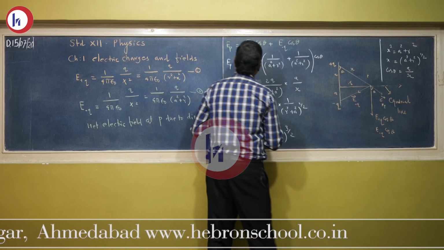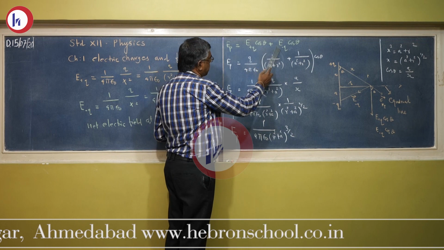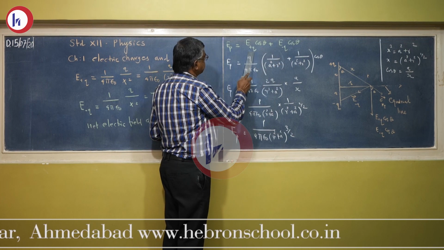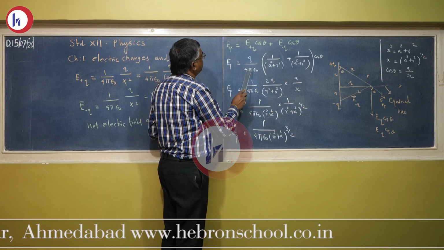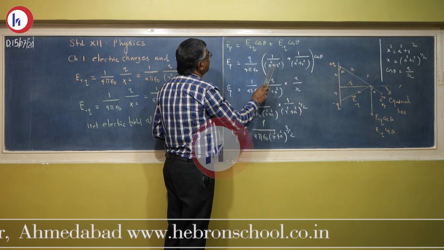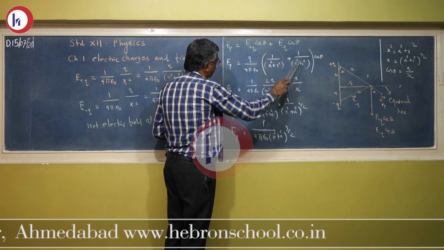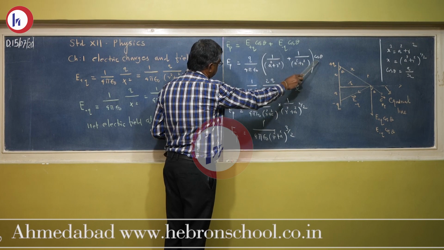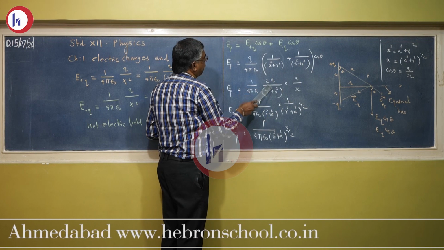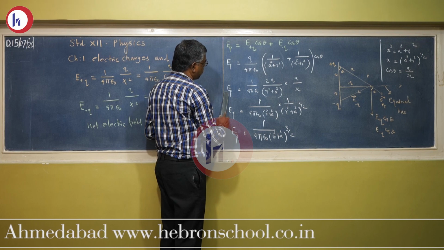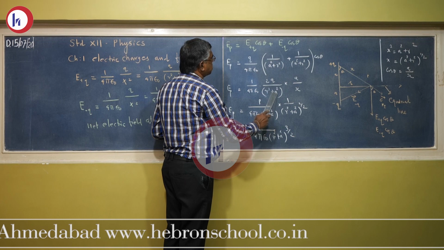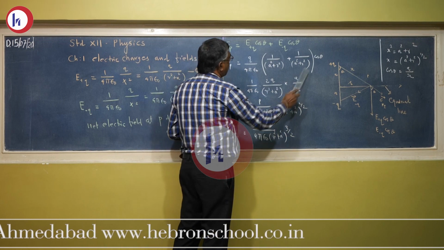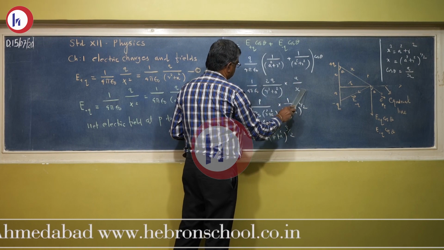Therefore, net electric field equals E cos theta plus E cos theta, which can be written as electric field at point P equal to q upon 4 pi epsilon 0, 1 upon a square plus r square plus 1 upon a square plus r square, times cos theta. Or this can be written as electric field at point P equal to 2q upon 4 pi epsilon 0 (r square plus a square), and cos theta can be written as a by x.